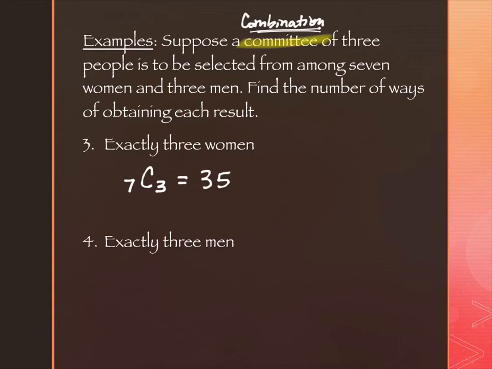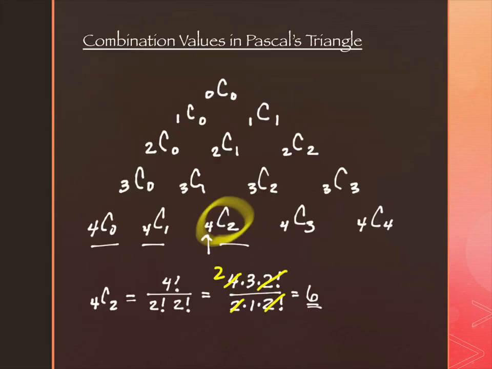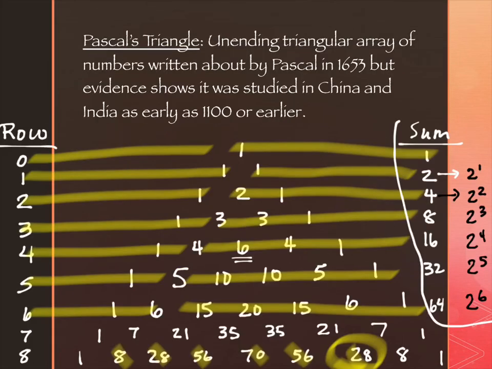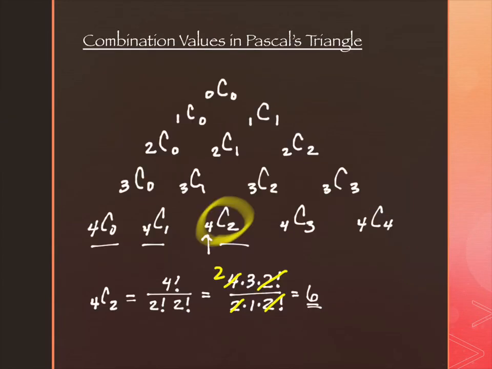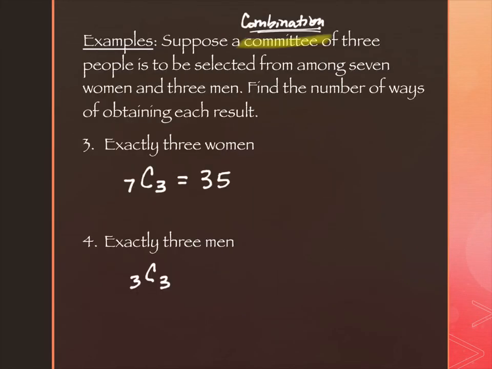How about exactly 3 men? What is the notation I would be looking for on that one? 3C3, because there are only 3 men. So I'm on the 3rd row. How do you know when it's 3C1 or 3C0, since it's only 3 guys?